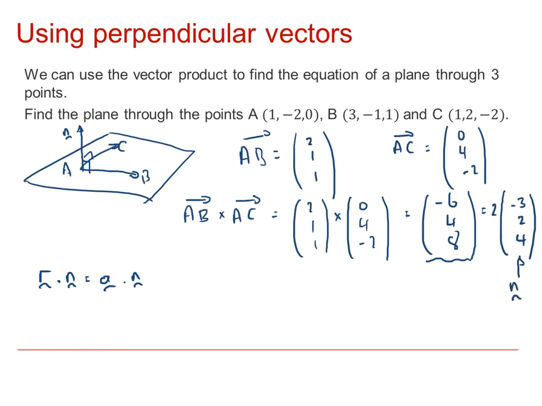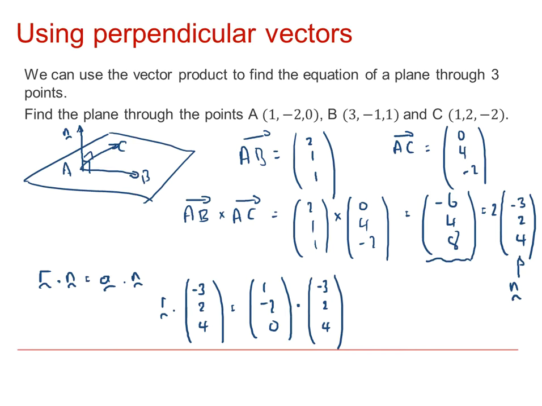So the equation of the plane is r dotted with the vector (-3, 2, 4) is equal to the vector (1, -2, 0) dotted with the normal (-3, 2, 4).